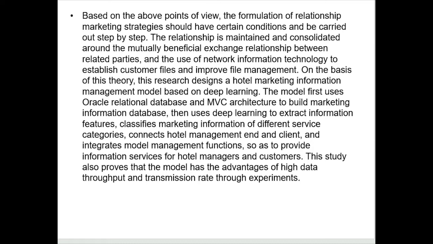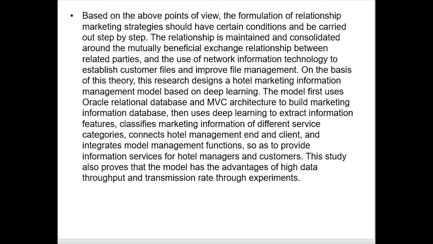The model first used Oracle Relational Database and MVC architecture to build a marketing information database. Then, it uses deep learning to extract information features, classifies marketing information of different service categories, connects hotel management and the client, and integrates model management functions, so as to provide information service for hotel managers and customers.